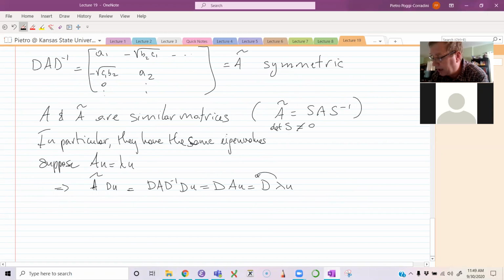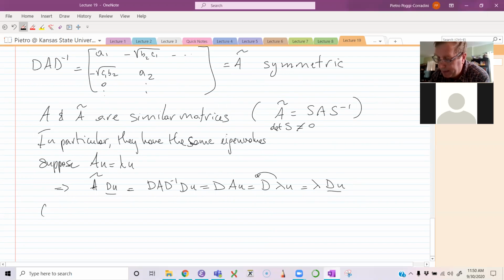Then the lambda comes out, lambda Du. All right, so different eigenvector, but same eigenvalue. And you can go backward by the same exact argument.